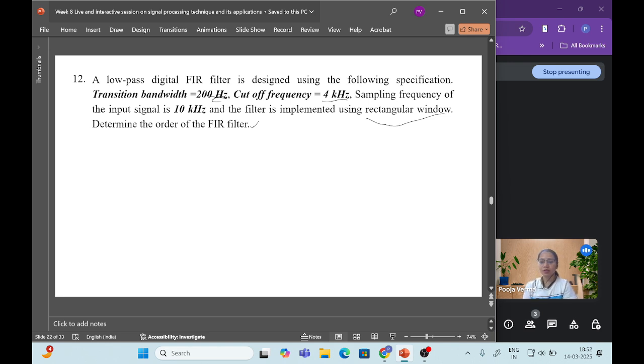So how can we solve this problem? It is given that the rectangular window is used. So what is the transition bandwidth for the rectangular window?